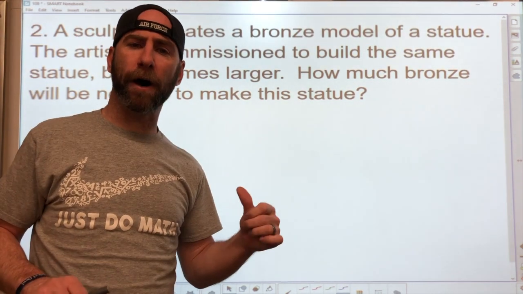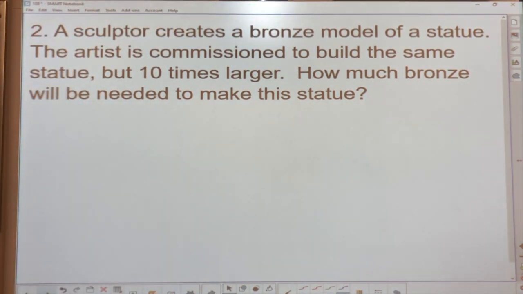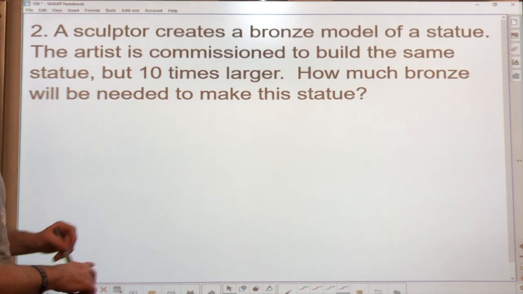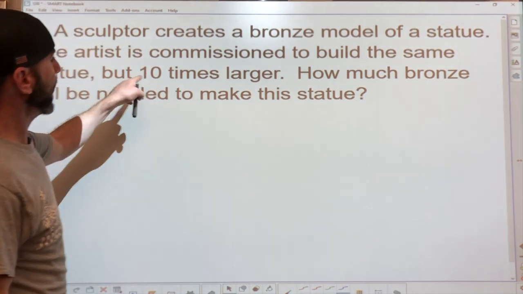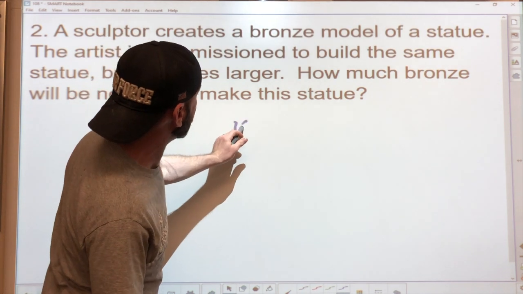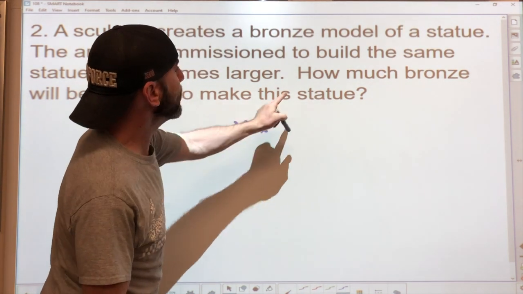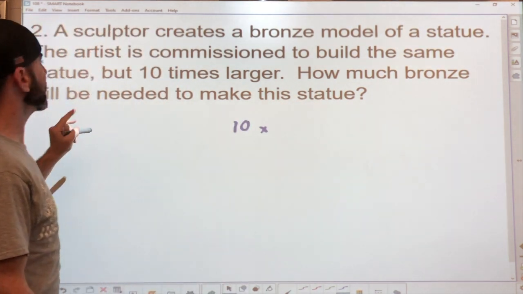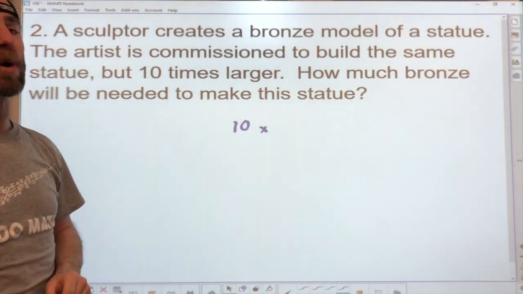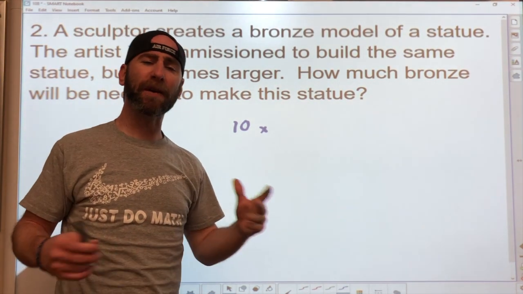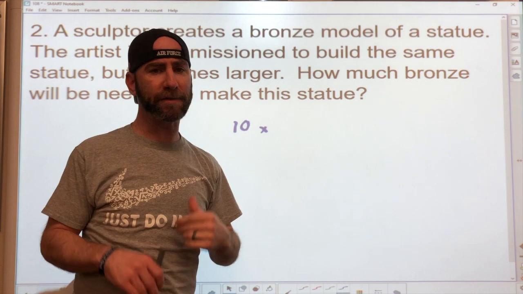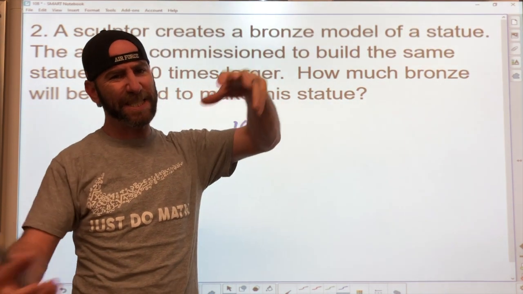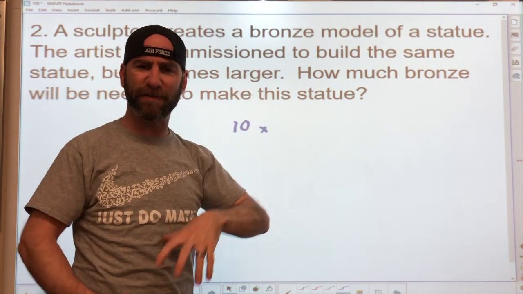Try this one on your own. So the scale factor is 10 times larger, so 10 times. How much bronze is needed to make the new statue? Well, the question is, is this going to be area or volume? We're going to assume it's volume because all the bronze is needed to make the statue, to fill it all up.